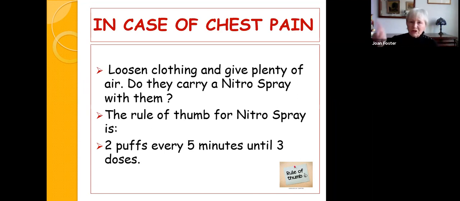Now, circulating on the internet is this article that says if you're alone and you think you're having a heart attack, start coughing. I want to tell you, for any of you that have read or seen that article, it is totally not validated.